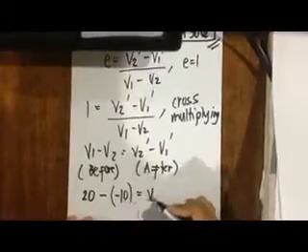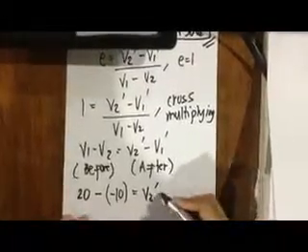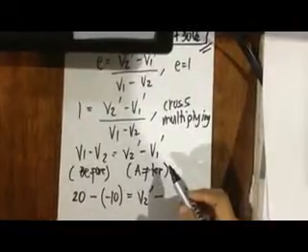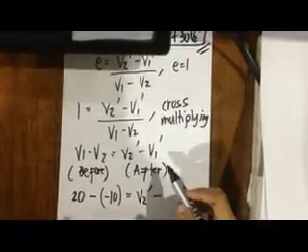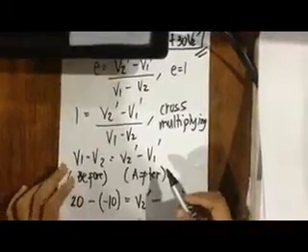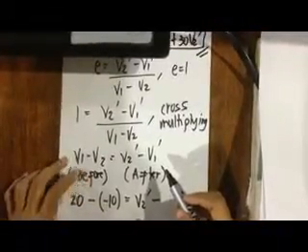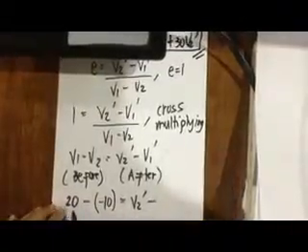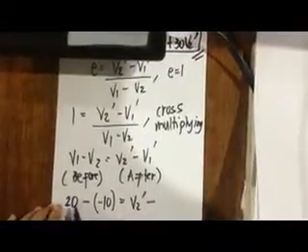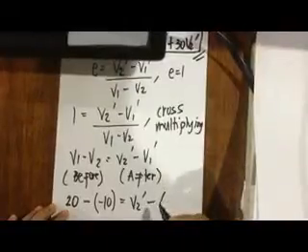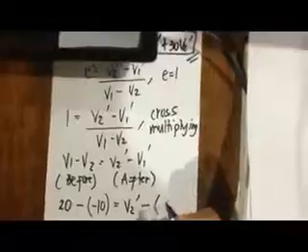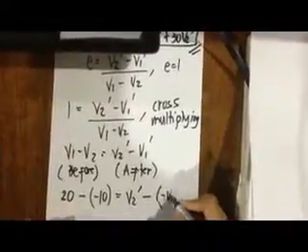As we agreed a while ago, the sign will be changed on the right side of the equation. Notice that if v1 is positive on the left side, then on the right-hand side of the equation it will be negative v1 prime.